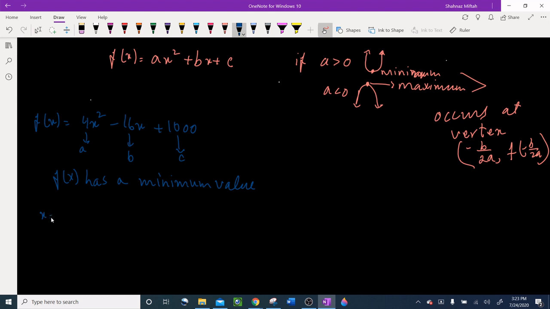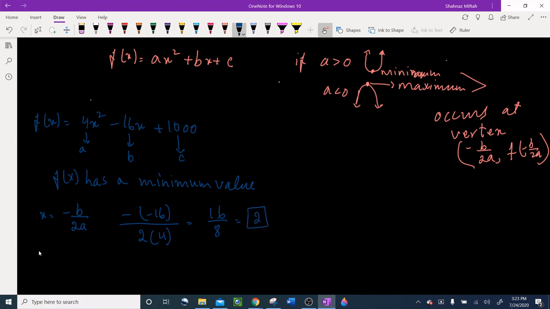We have x equals negative b over 2a, right? That's how we find the x. So b is negative 16, so negative of negative 16 over 2a, which is 2 times 4. So this is going to give me 16 over 8, and it is 2. So my x value is 2.